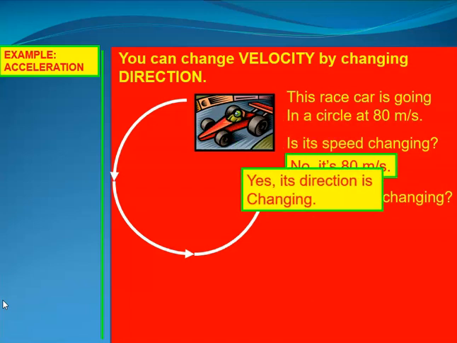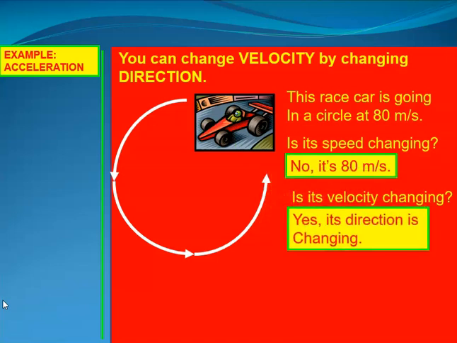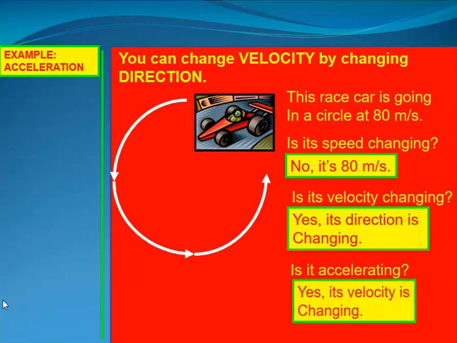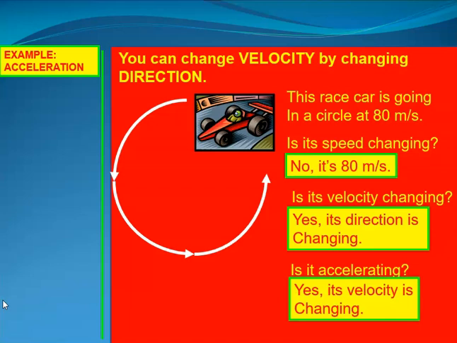The answer is yes, its direction is changing. A change in direction is a change in velocity, because velocity has a direction to it. So if you're constantly changing direction, going in a circle, you are changing the velocity. Question, is it accelerating? The answer is yes. Any change in velocity is an acceleration. So if the velocity is changing, then it is accelerating.